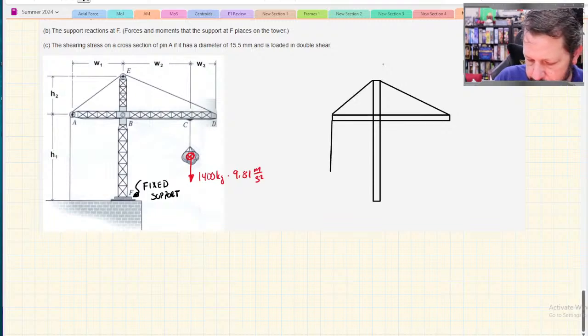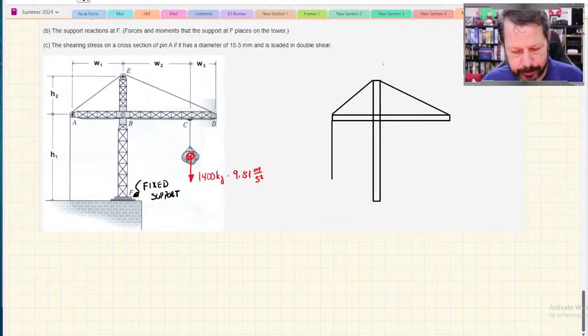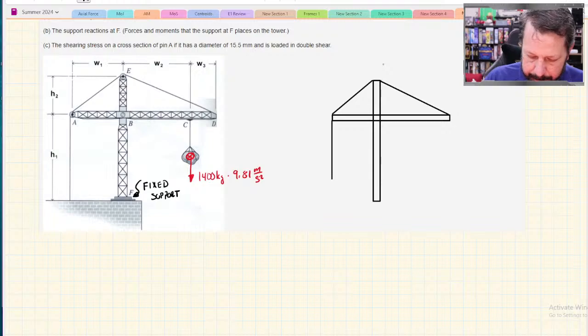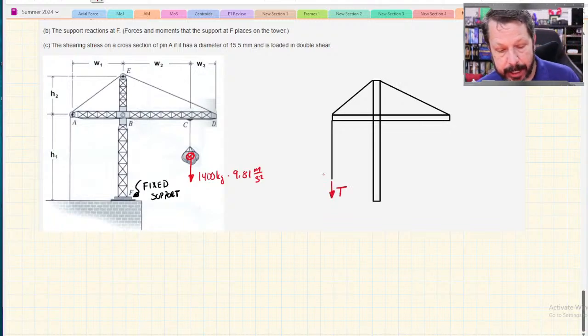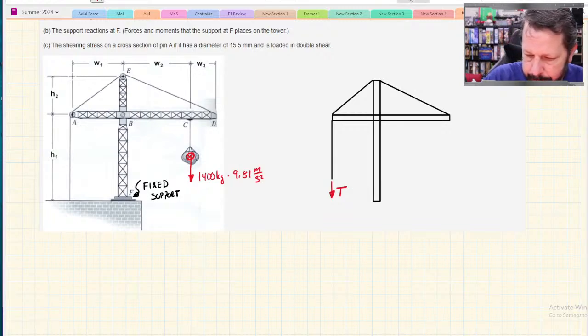I'm ignoring the rollers there. I'm not too interested in those. I don't know what this is, though. So I'm just going to call it T for the tension in the cable. That's all one cable there. I didn't draw the pulleys or anything, but there's a little pulley there.